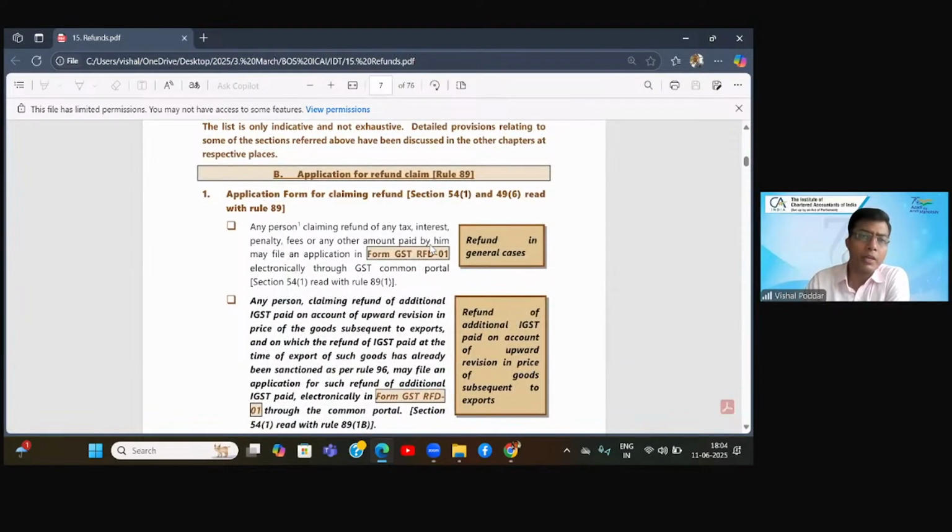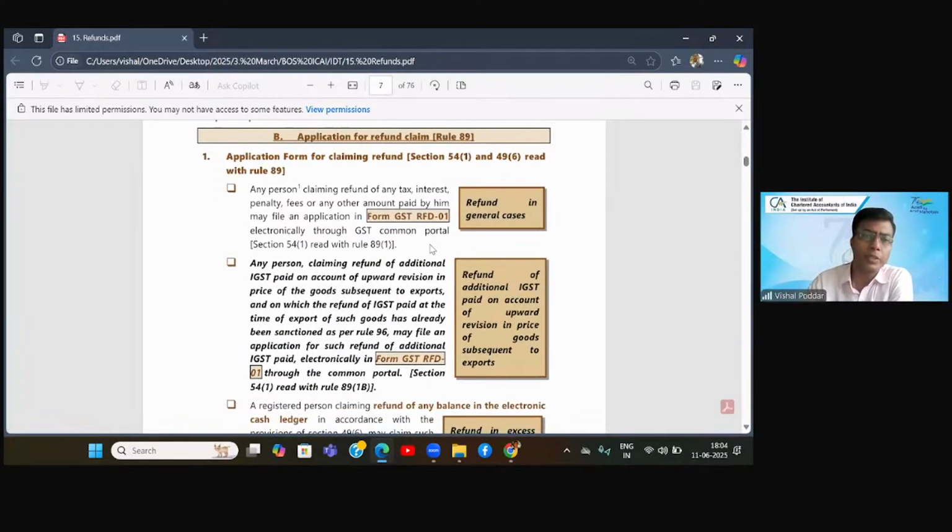Then after understanding the different types of refund, comes the procedural part. The main procedural part is that you have to make an application. This application is not required in only one case, where you are exporting goods with payment of IGST option.